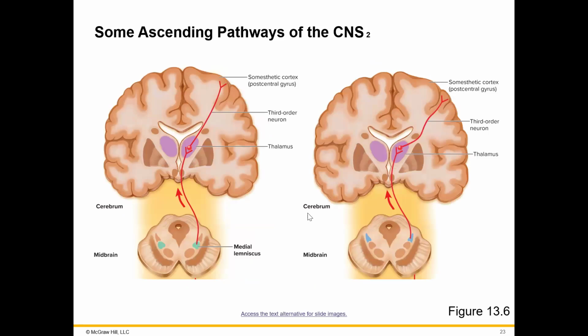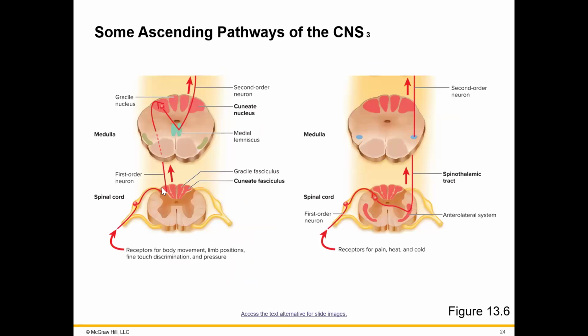So that shows us here this second order neuron. These are some ascending pathways, and here we also see another form of decussation. So receptors for body movement, limb position, and fine touch discrimination.